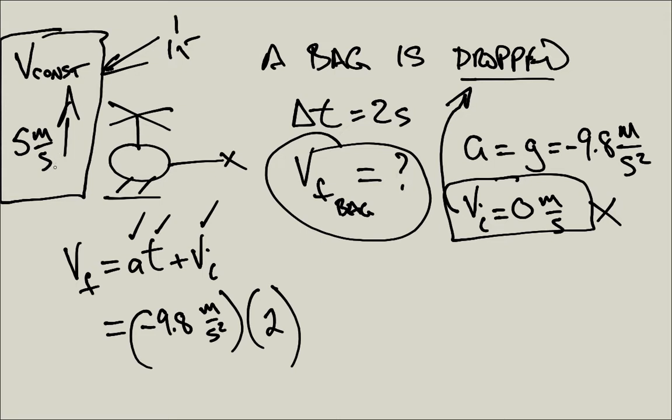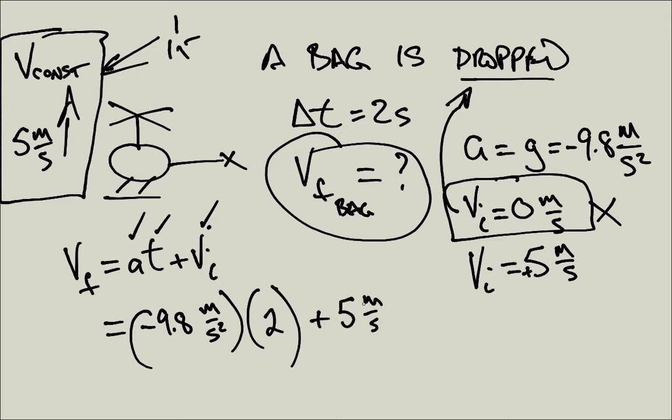So the bag is going to have the same velocity as the helicopter when it's dropped. So this is not 0. VI in this case equals 5, and a positive 5 at that, because it's going up. We still have the equation, we just have to put the correct value in.